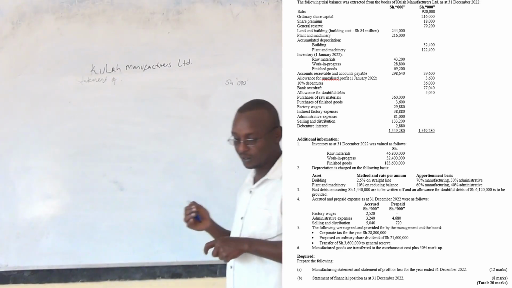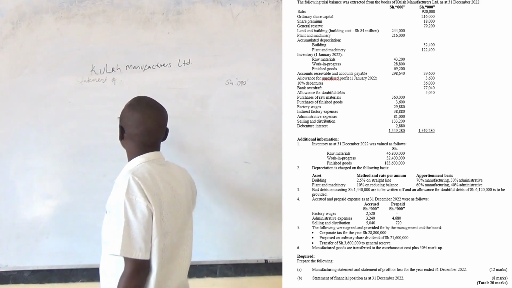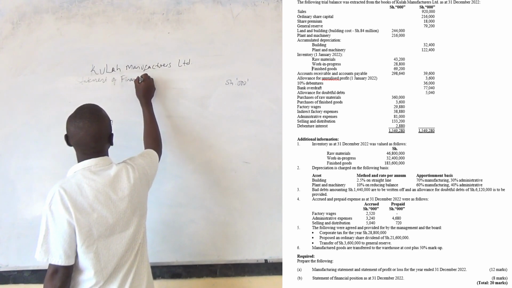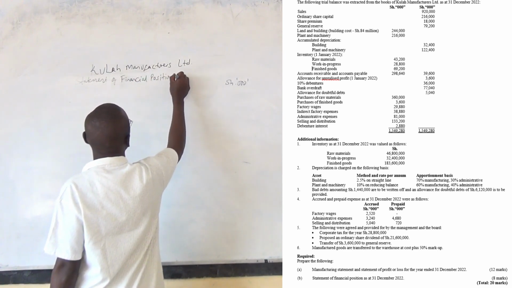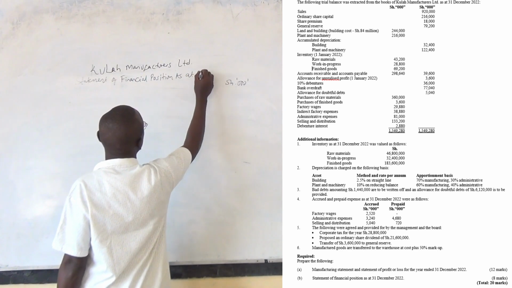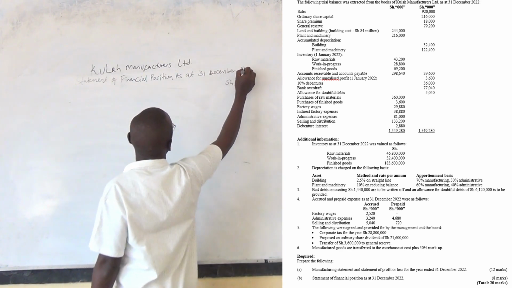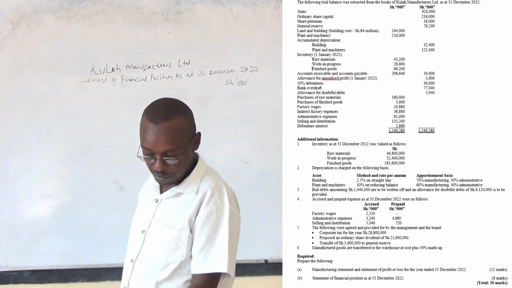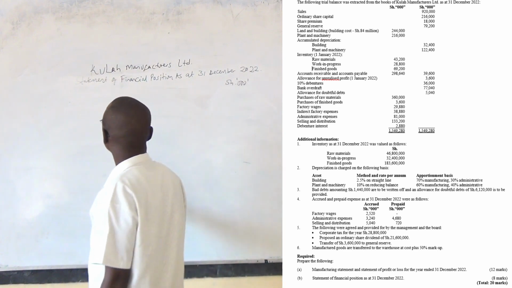Having obtained the retained earnings for the year, now you are required to prepare a statement of financial position as at 31st December 2022. In the statement of financial position, we start with the assets.